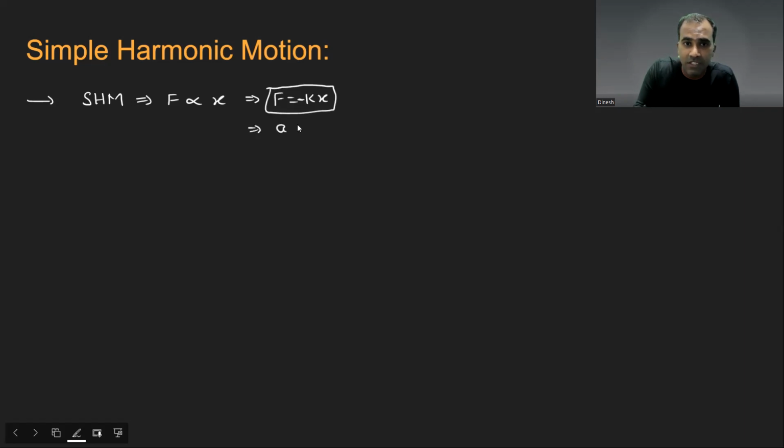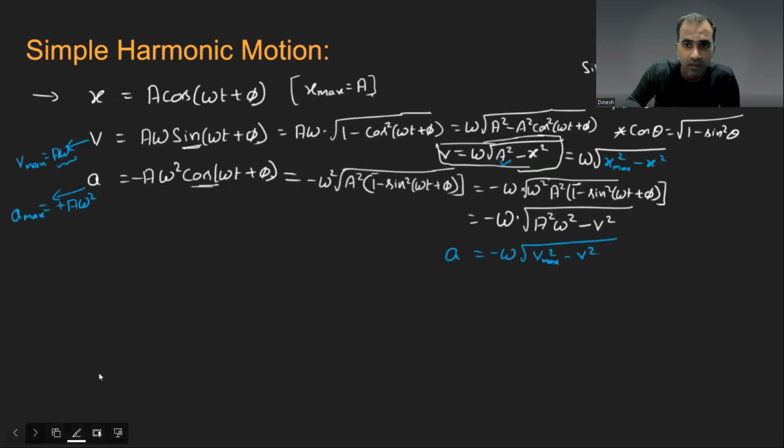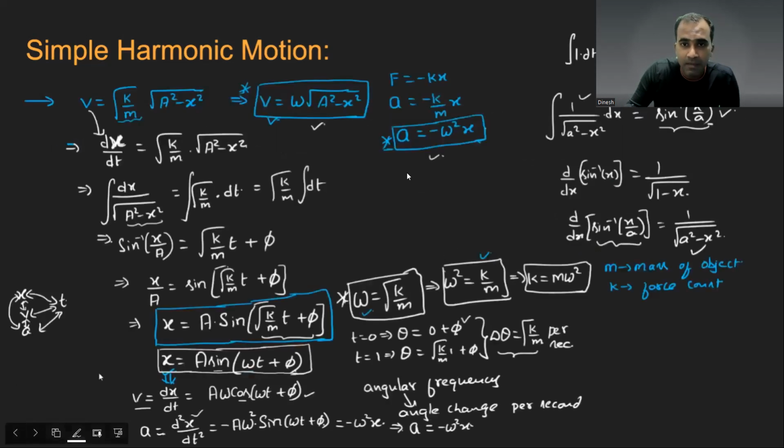Now, force you can write as ma. Then acceleration can be written as minus k by m into x. Simple relation, from the first we got the second. And if you remember, we got some interesting result about k by m. What did we get k by m as?